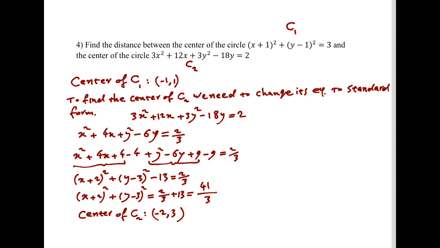So the distance, I show distance by d. If you remember the formula for distance, d equals the square root of (x2 minus x1) squared plus (y2 minus y1) squared.